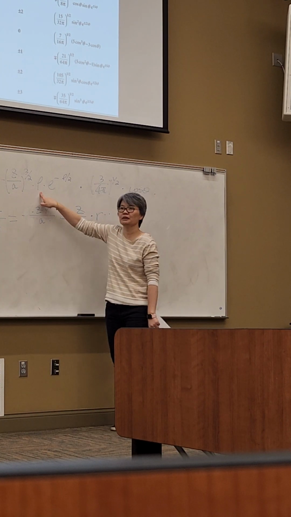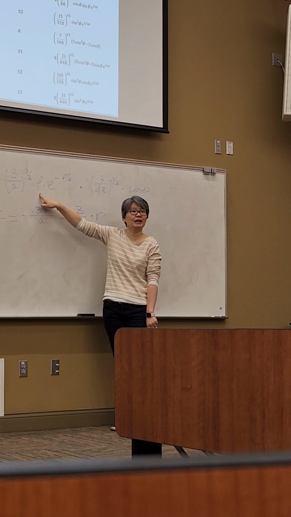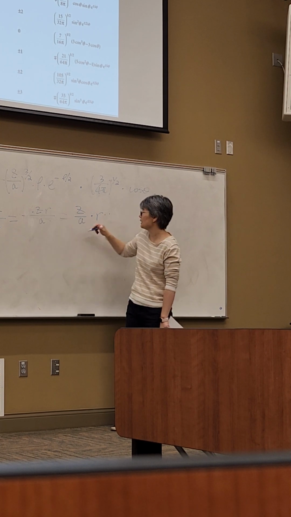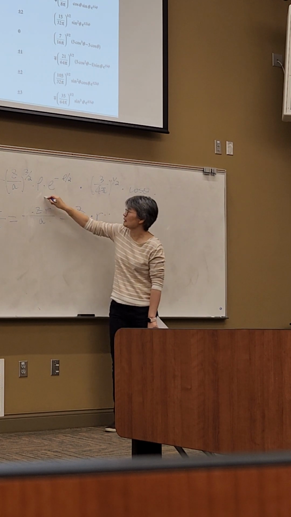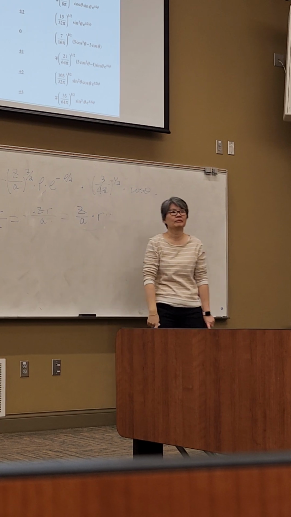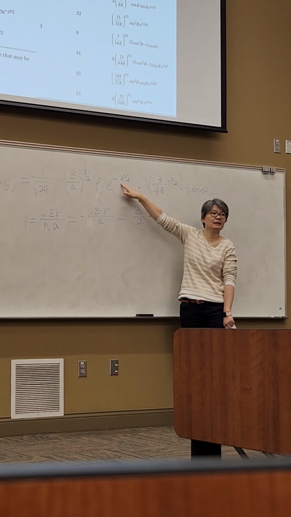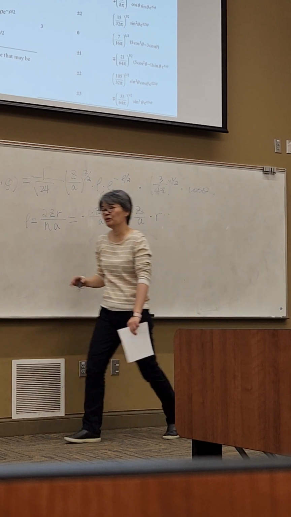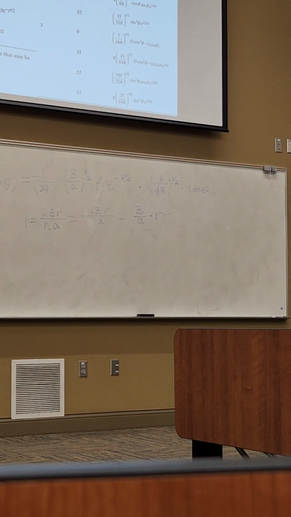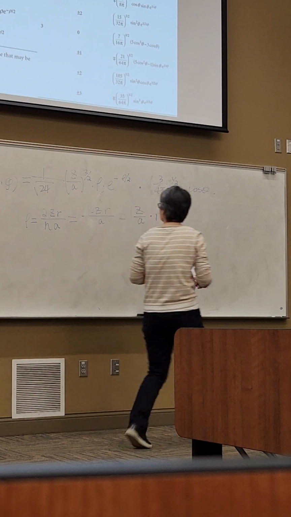Can we substitute the rho here with the radius? This guy substituted here. Also, the rho will be substituted right here in the exponential function. Now I want you to go a further step, not just a substitution. Combine the constant.